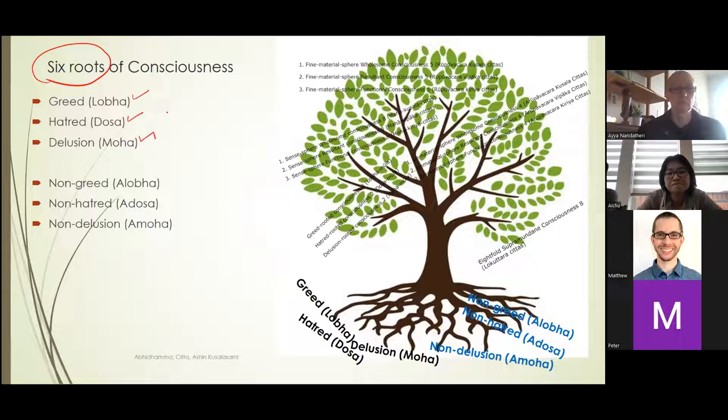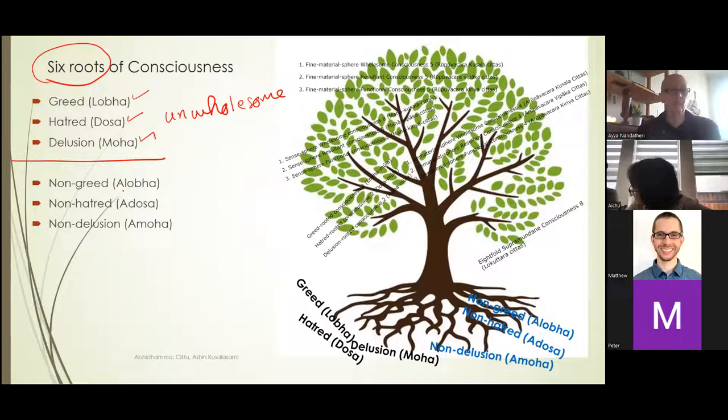These are the unwholesome roots. The opposite of these 3 roots are non-greed, non-hatred, and non-delusion. These are the wholesome roots.